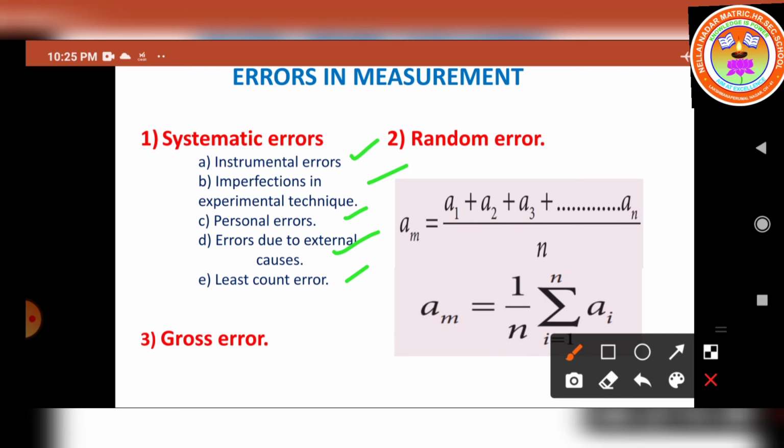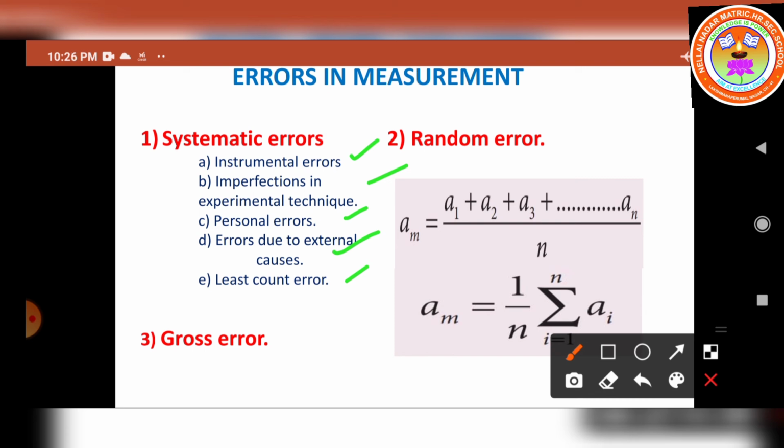Random errors may arise due to random, unpredictable variations in experimental conditions like pressure, temperature, voltage supply, etc. Errors may also be due to personal errors by the observer who performs the experiment.